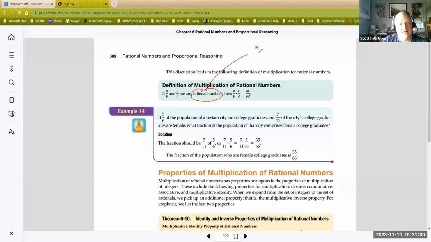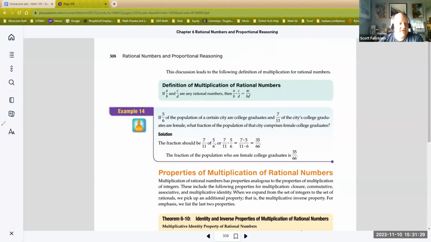We've already defined rational numbers as a and b are integers. And we've already defined that b cannot be 0. So if someone says a rational number and you think 5 over 0, we have to say, no, that's not possible because the denominator cannot be 0. Okay, so just keep that in mind when they're using the proper terms here.